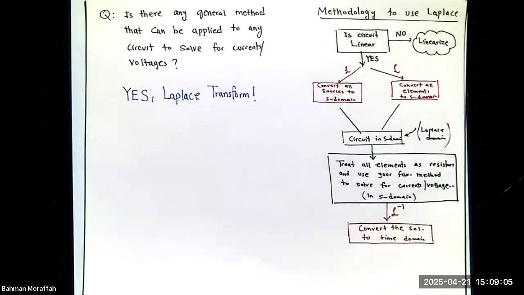So what we're going to be doing is learning how we can transform any source, any function that we have, to its S domain version. Basically, how we can find the Laplace transform of any function. And then we're going to learn how we can go backward in time.